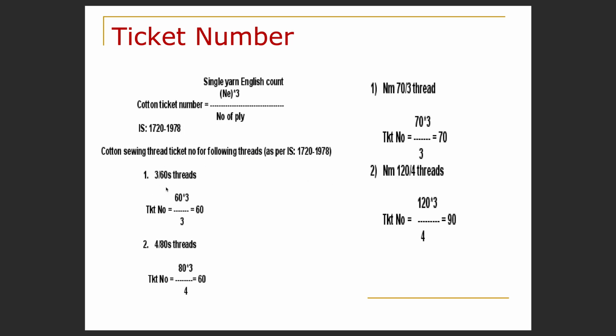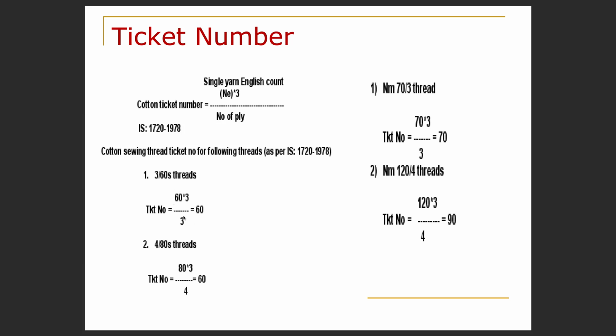If we are given this kind of figure, 3 by 60s thread, that means it has 3 plies. The sewing thread is composed of 3 plies, and this is the yarn count that has been given. So the ticket number is given by the single yarn English count divided by the number of plies, multiplied by 3.